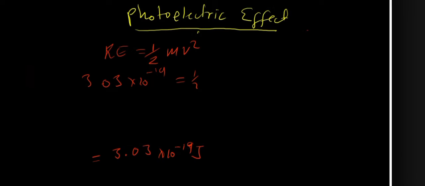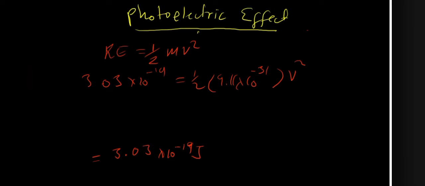Now, because we are talking about electrons, we know the mass. The mass of an electron is 9.11 times 10 to the power negative 31 kg, and then times the velocity squared.